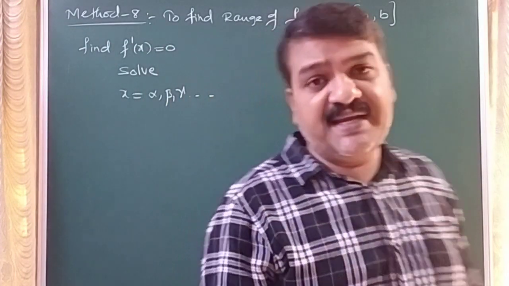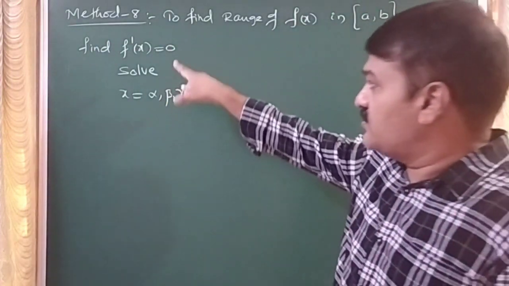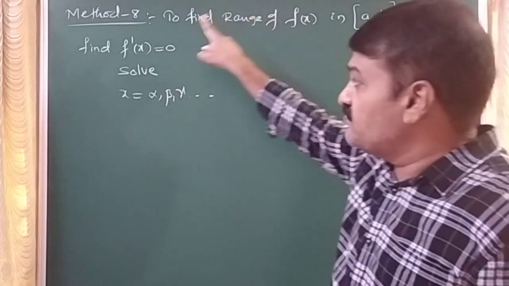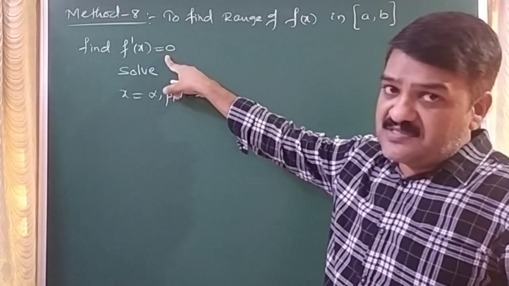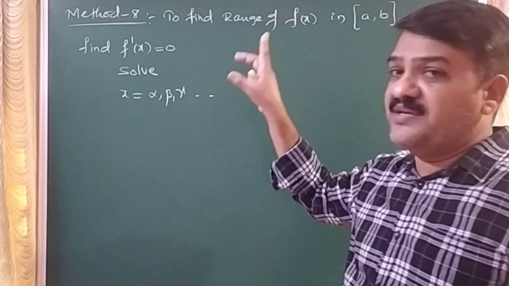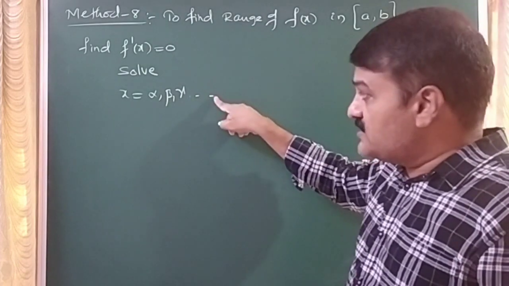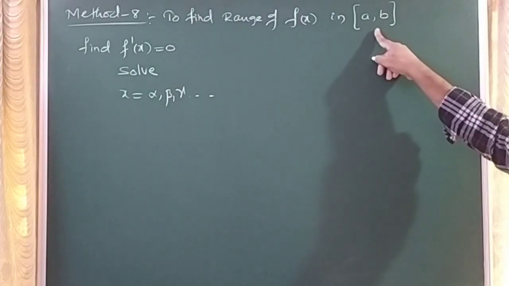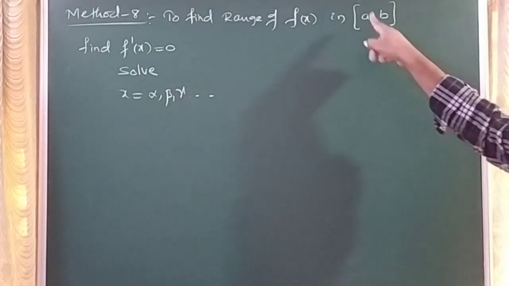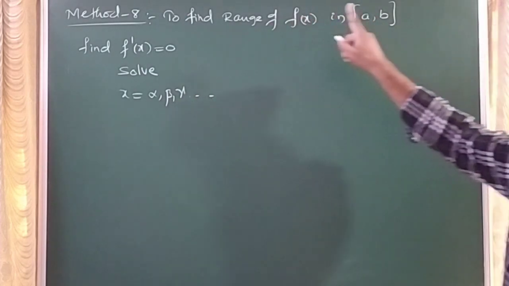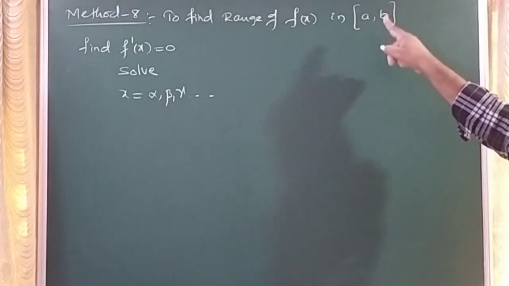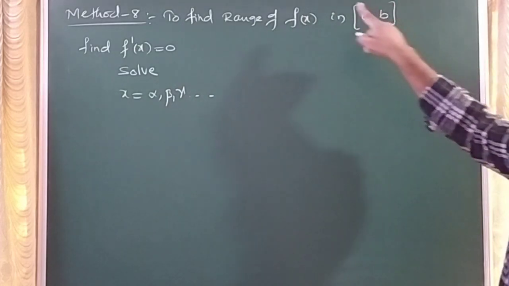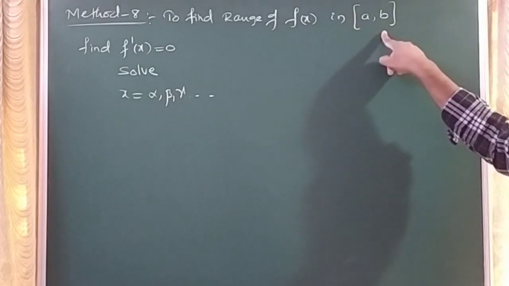So differentiate f of x, solve f dash of x is equal to 0, find corresponding x values. Now you consider only those x values which lie in the given interval, means in the given domain of f.